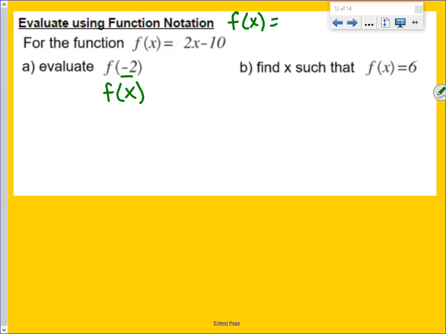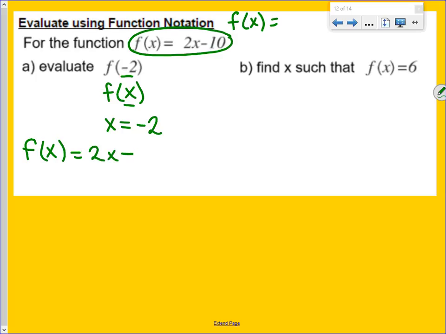So we're saying we want to evaluate the function when x equals negative 2. So we take our function, f of x equals 2x minus 10, and what we're doing is we're replacing x with negative 2.